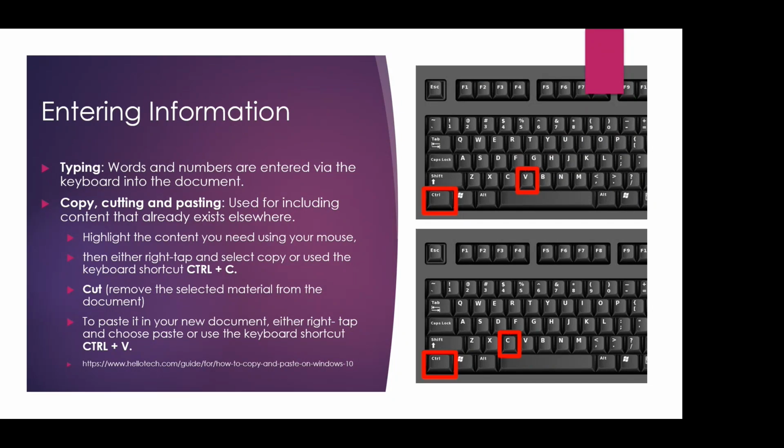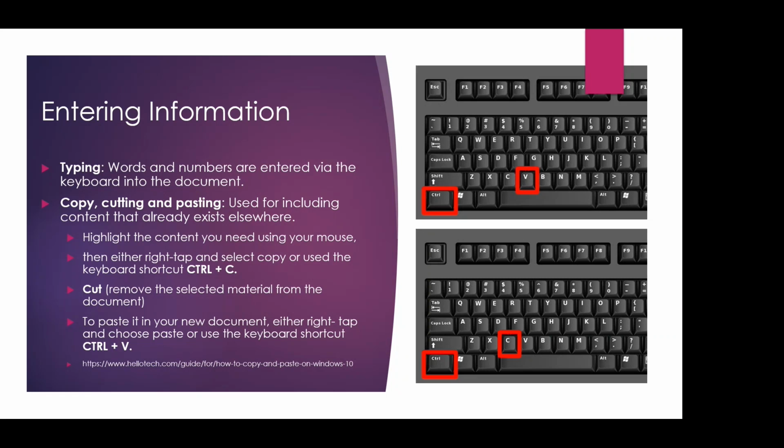So how do we enter information into a document? Typing, words and numbers are entered via the keyboard into the document. These 3 items are some of the things that I use absolutely all the time.